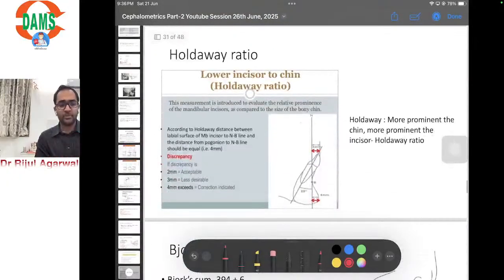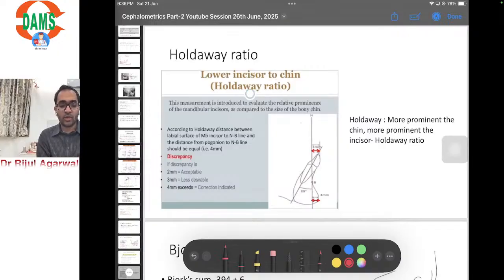Moving ahead, what is Holdaway's ratio? Again, now I'm not discussing all the analysis. Downs and Steiner were the ones which need to be discussed thoroughly. Holdaway's ratio is a part of Holdaway's analysis. There were a number of things in those analyses. I'm just taking up one part of that analysis, that is the Holdaway's ratio.